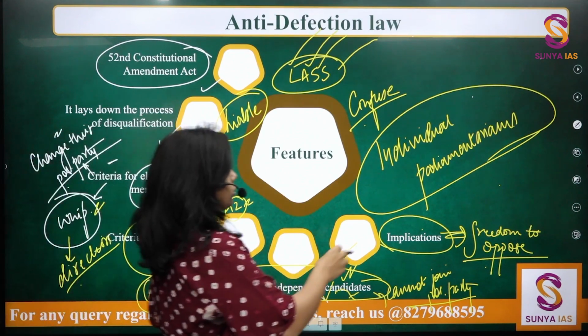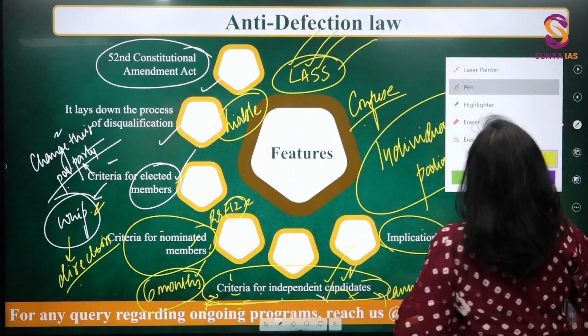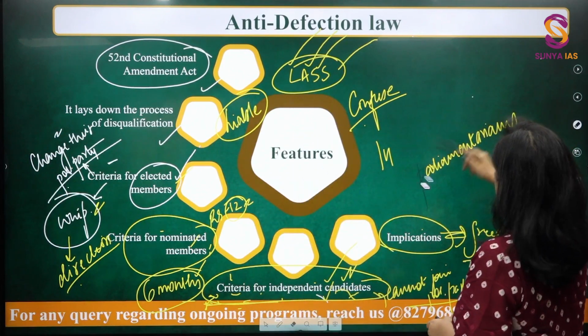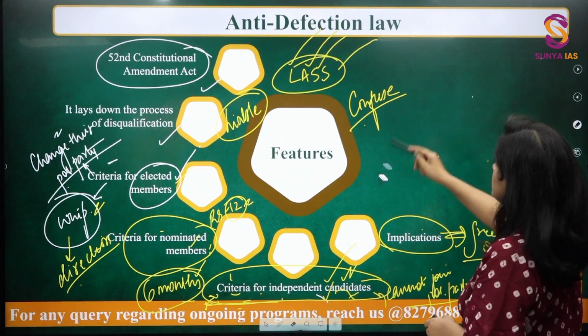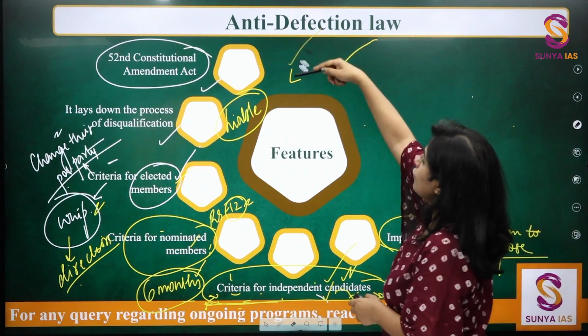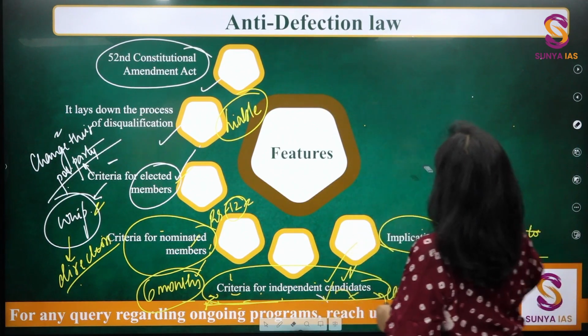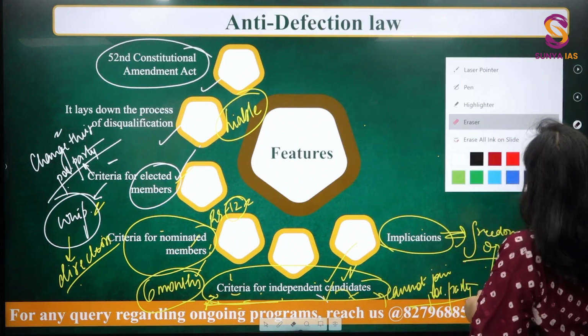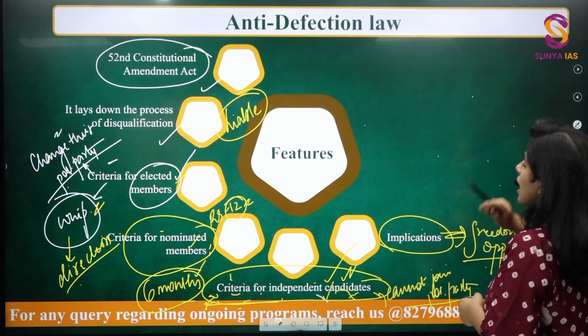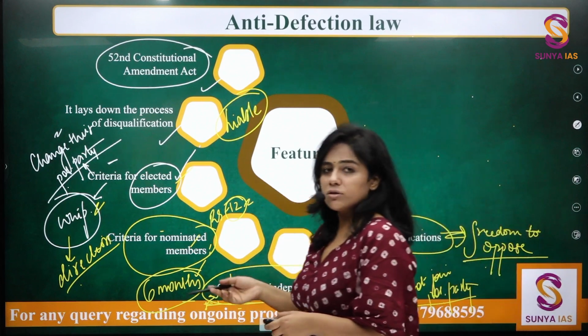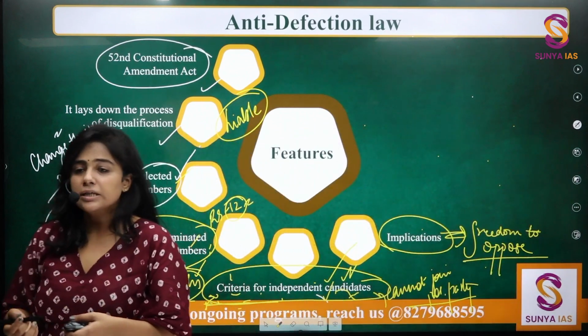That is there. So, this is the implication. Primarily, the role of individual parliamentarians has reduced, and that's why the Anti-Defection Law has been amended also by the 91st Constitutional Amendment Act. We'll talk about it.